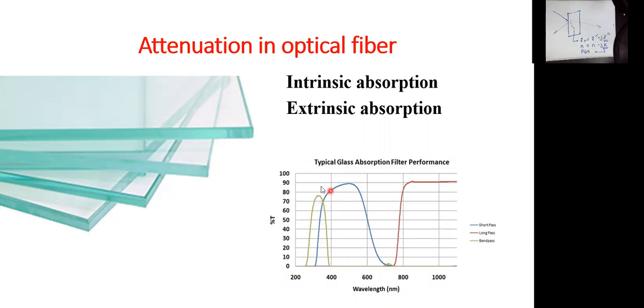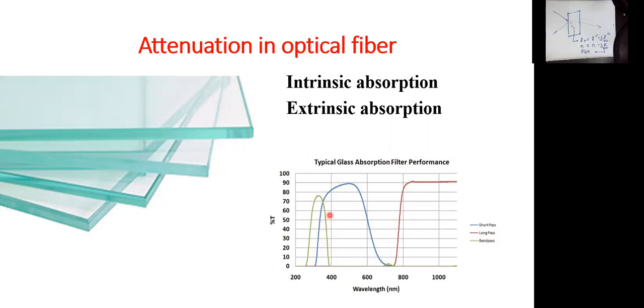Glass has some absorption peaks. The main evidence you can use to check that glass has these absorption peaks: if you have a very thick layer of glass and look at it from the side, you will find some green color showing in the thickness side of the glass. This green color represents the absorption of the glass at this green peak.